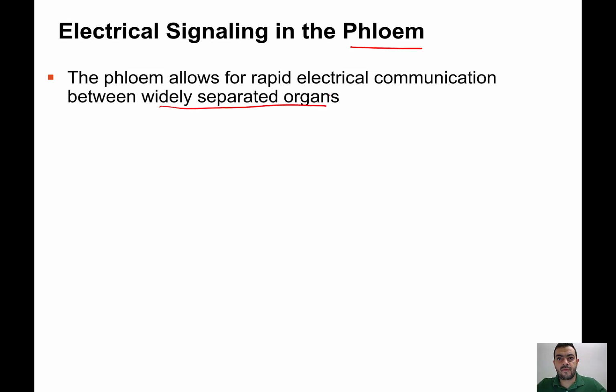So you can think of the phloem as equivalent to the nervous system of animals, allowing rapid electrical communication between organs that are separated in the plants, like the leaves and the roots.